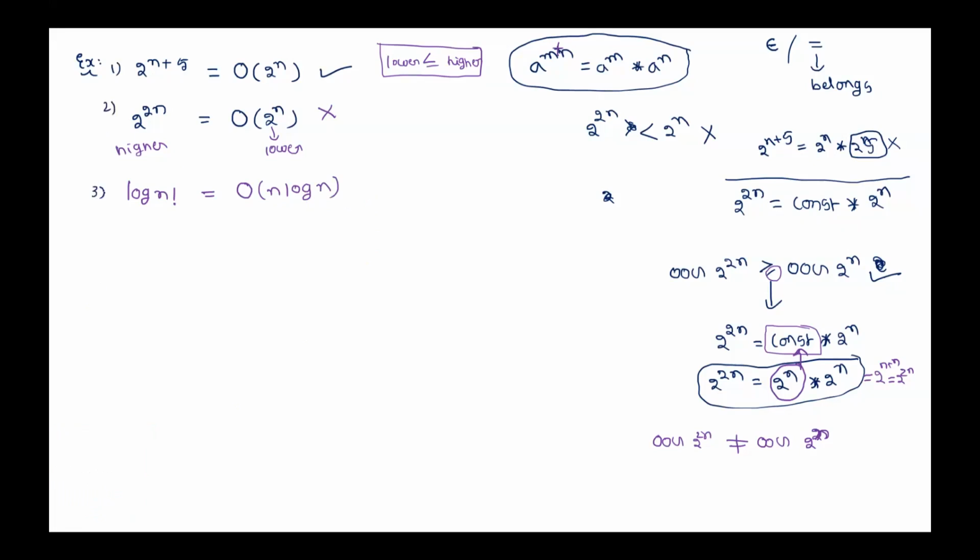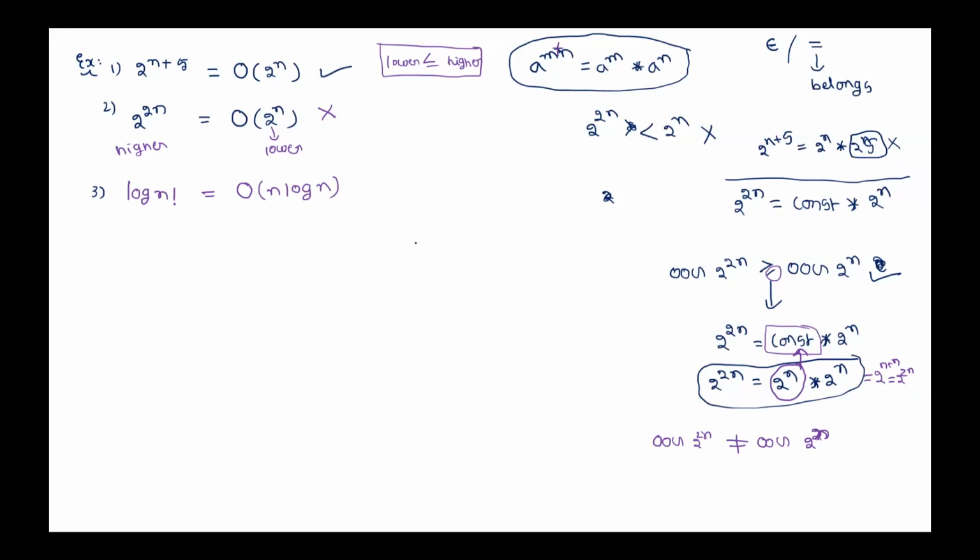It is true, I think. It is true, sir. Why, madam? False, sir. Log n factorial will be lower than n log n. Sir, actually it is false.